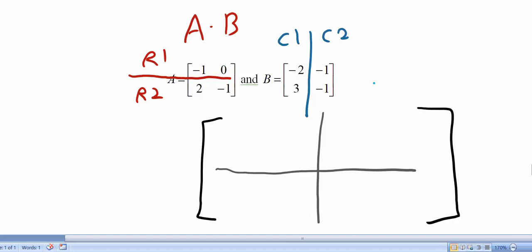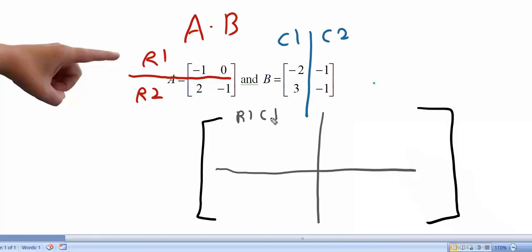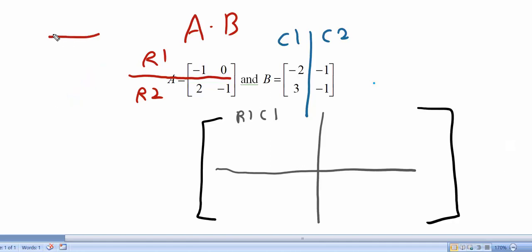Now, in this first spot, this is going to be row 1, column 1 multiplication. For that, I strongly suggest you use 2 fingers. Your left finger is going to follow the red one, going left to right.